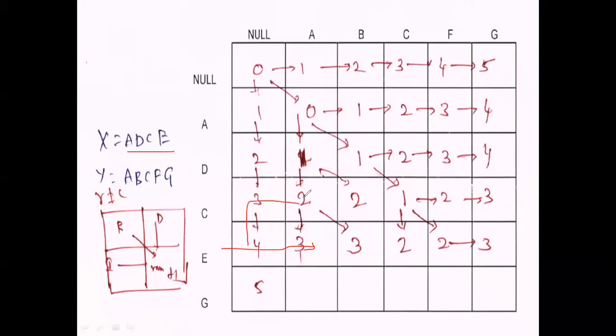The minimum value is 2. 2 delete operations, 2 means the minimum value. We use another deleting operation. ADC converted into A means you are deleting 3 characters. The total number of deleting operations is 3.